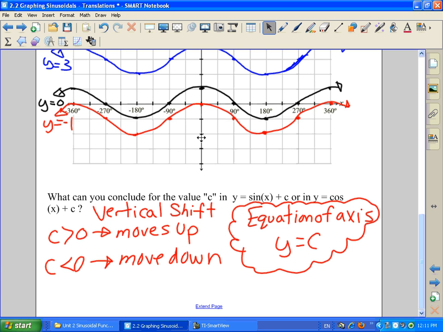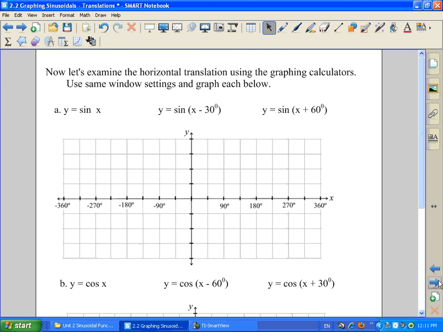Let's take a look at the D now, which is called your horizontal translation, or we call this phase shift in grade 12. All right, so we're going to examine the horizontal translation. In your textbook they use phase shift. It means the same thing. We're going to use the graphing calculator with the same settings. So if we're going to use our parent function of sine x, hopefully you know how to draw that by now.